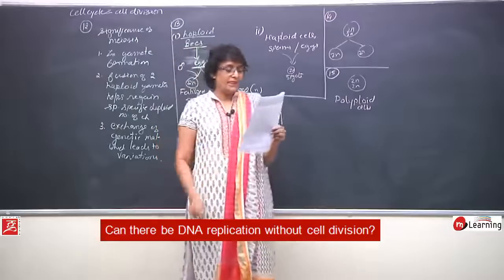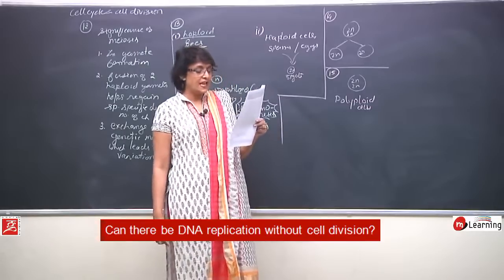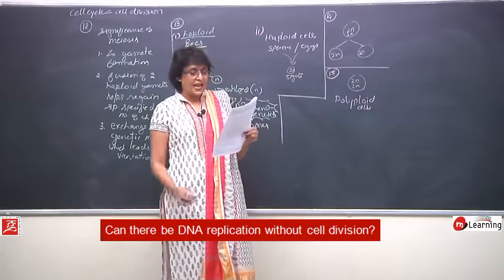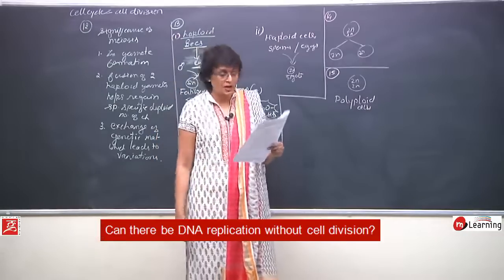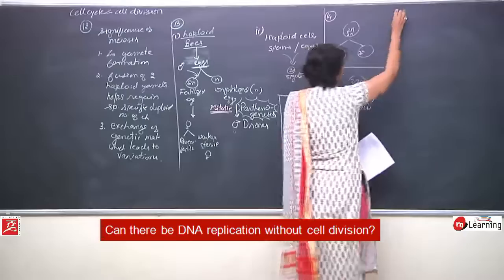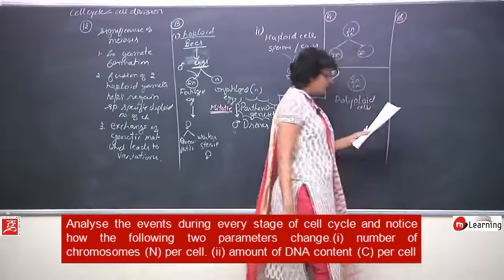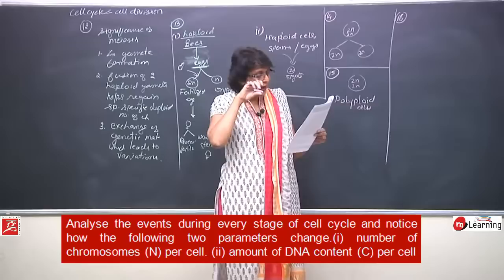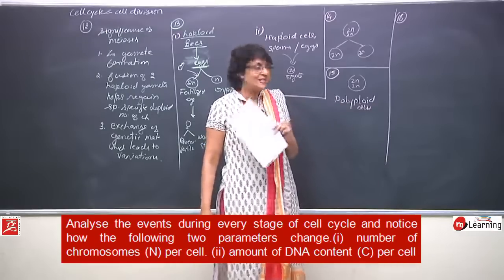16th question. Analyze the events during every stage of cell cycle and notice how the following parameters change. So here we are required to analyze events during every stage of cell cycle.